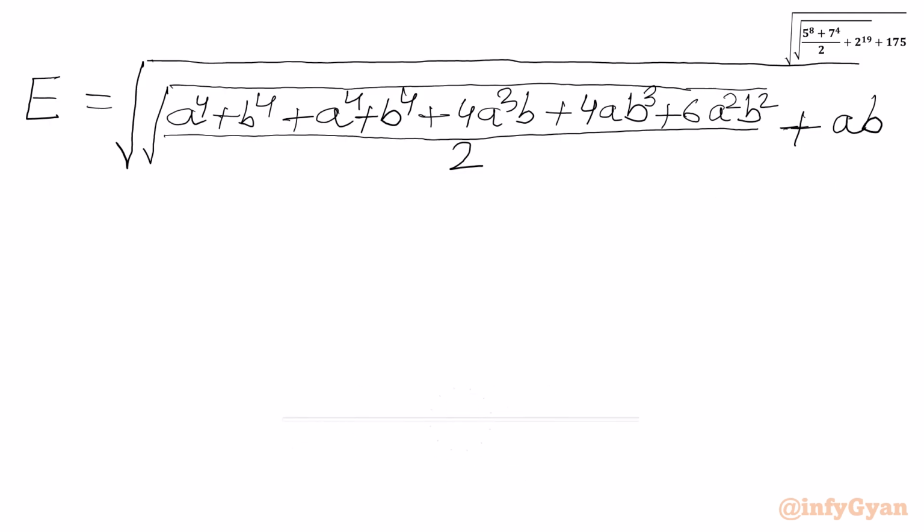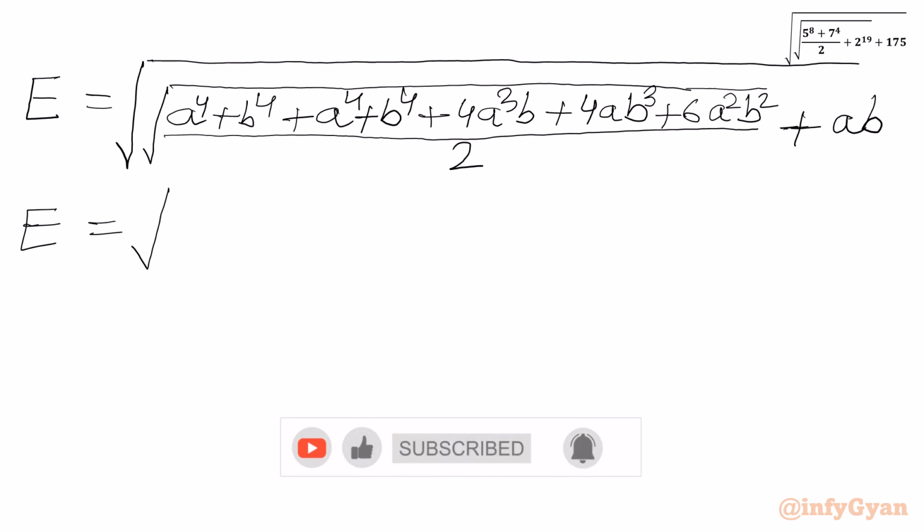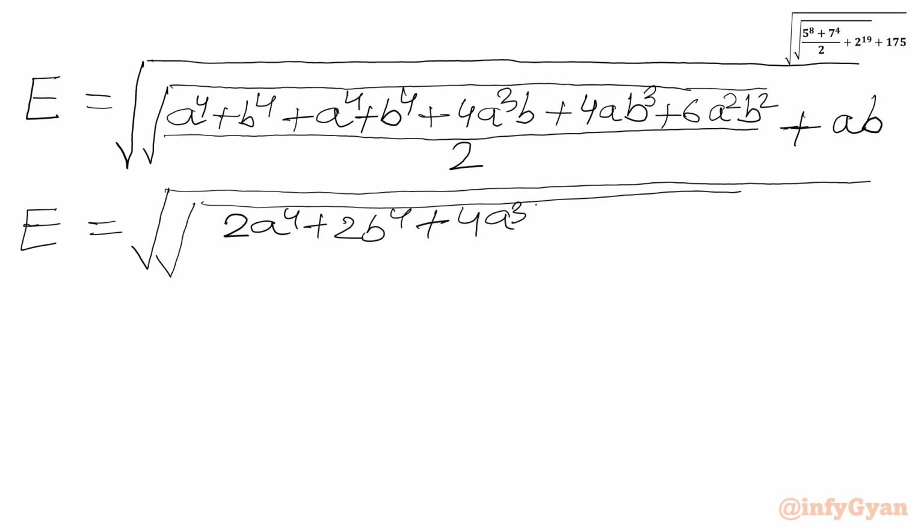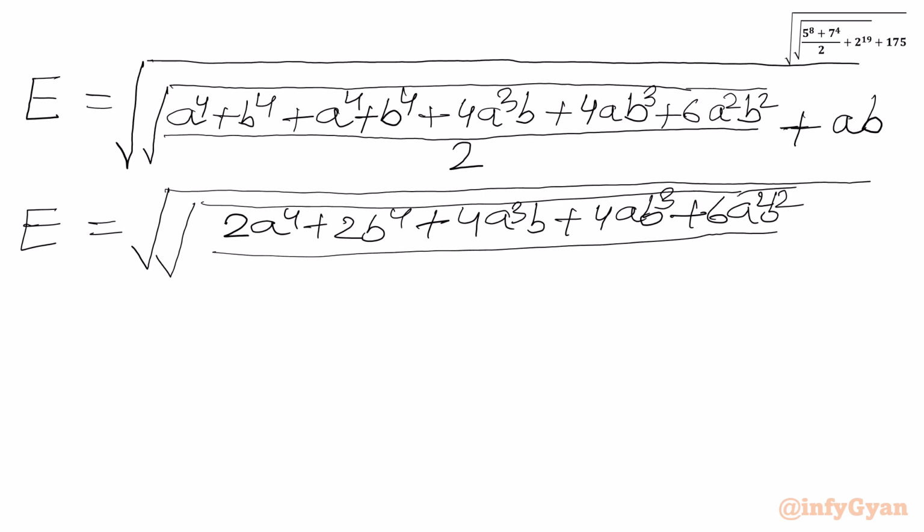Let me write this expression here first. Here it is. Now I will write E will be equal to a square root of square root of A power 4 plus B power 4, A power 4 plus B power 4. So I can write 2A power 4 plus 2B power 4 plus 4A cube B plus 4AB cube plus 6A square B square, and denominator here is 2.